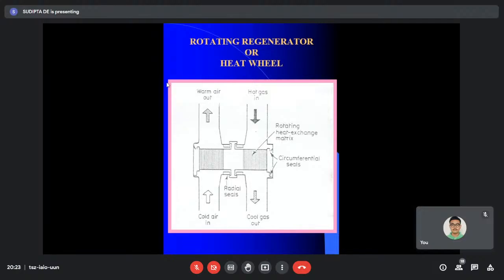In regenerative heat exchange process, hot and cold working fluids flow alternately through a high heat capacity matrix.